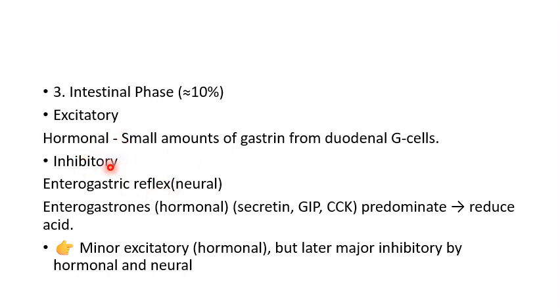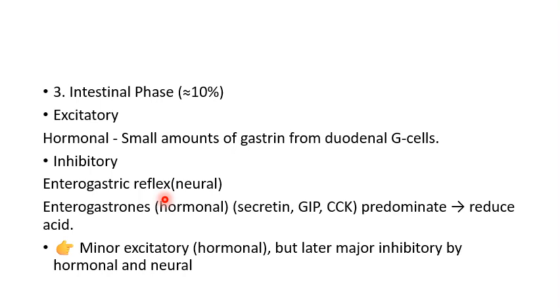Then the inhibitory part. The inhibitory part is a major part. It has two components. One is the enterogastric reflex, the other one is the enterogastrones. The enterogastric reflex is when the acid chyme or the products of protein digestion enter the intestine.